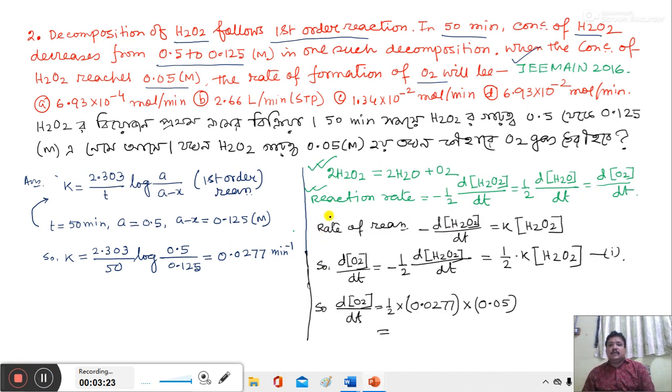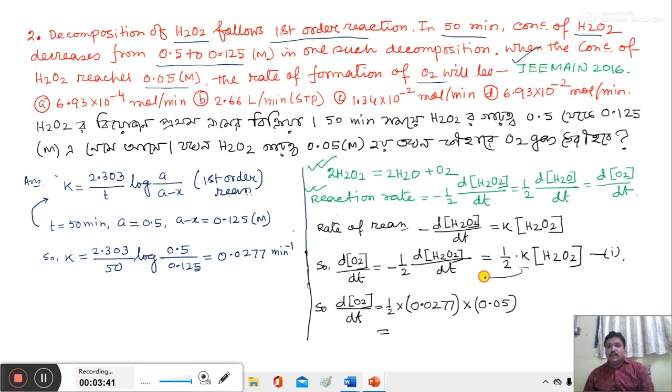Now rate of reaction is minus d[H2O2]/dt is equal to K times [H2O2]. So d[O2]/dt is equal to minus half d[H2O2]/dt is equal to half K into [H2O2].